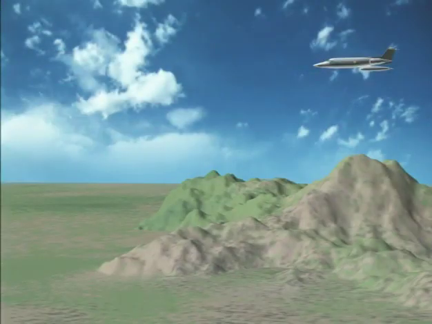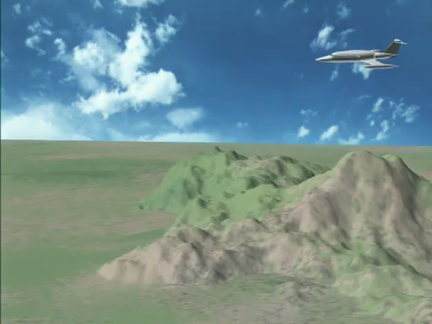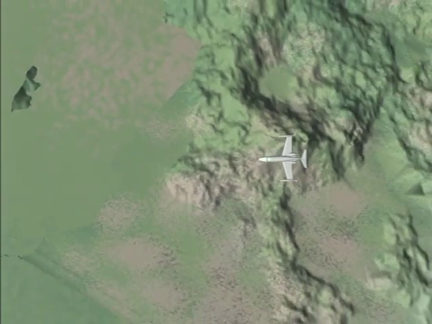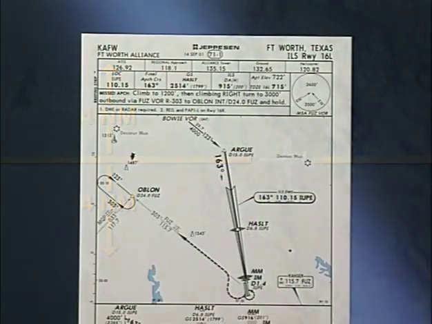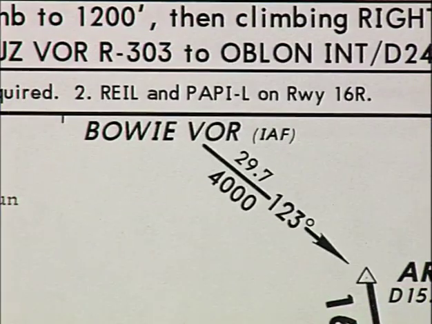Approach transitions are flyable routes that provide a minimum of 1,000 feet of obstacle clearance. This obstacle clearance extends 4 nautical miles on either side of the charted course. You can determine if a line on a chart indicates a flyable route or is simply a radial or bearing forming a fix by noting several items.